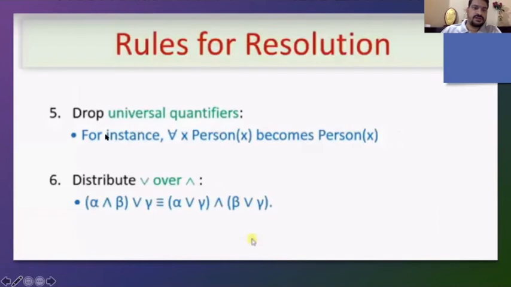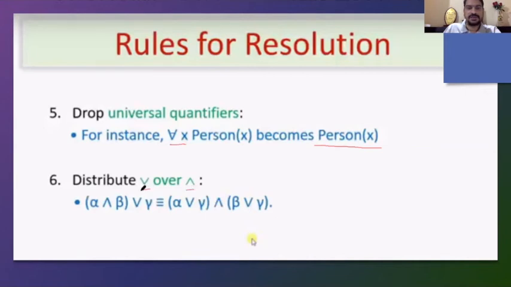Next is drop universal quantifier. Whenever we get a universal quantifier, we just drop it. How can we drop it? It is very simple. We don't have to do anything. If we have a universal quantifier, we just eliminate it and we are not putting anything else. So here it says for all x, x is a person. Here we'll say x is a person. That's all. Now the next is distribute or over and.